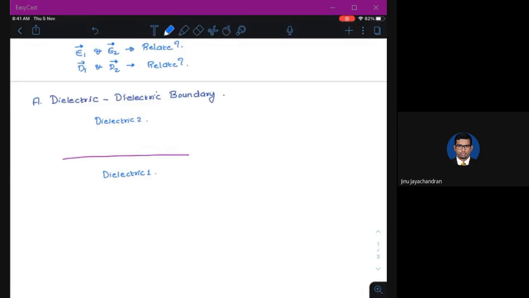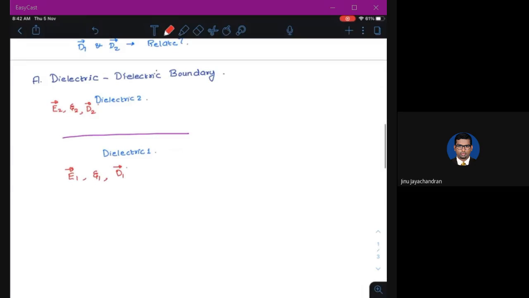So in the first dielectric, let's say my electric field is E1, my permittivity is epsilon1, my electric flux density is D1. In my second medium, let's say my electric field is E2, my permittivity is epsilon2, and electric flux density is D2. Okay. And you know the electric field and the electric flux density are vectors. They have some directions. Okay.